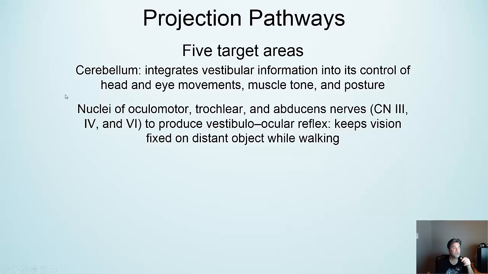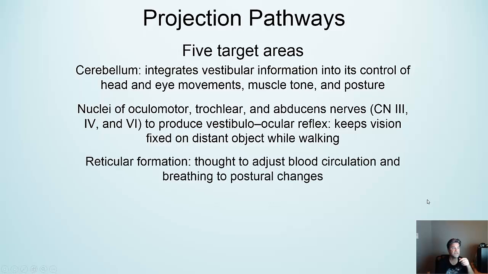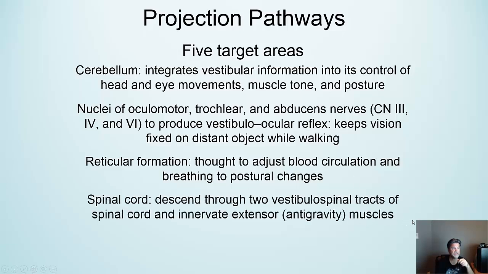We're going to have the nuclei of the different eye muscles so that we can keep vision in context with our balance information. And the reticular formation can work then to adjust different autonomic aspects in terms of blood pressure, heart rate, and so forth that accommodate the particular posture changes you may be engaging in.